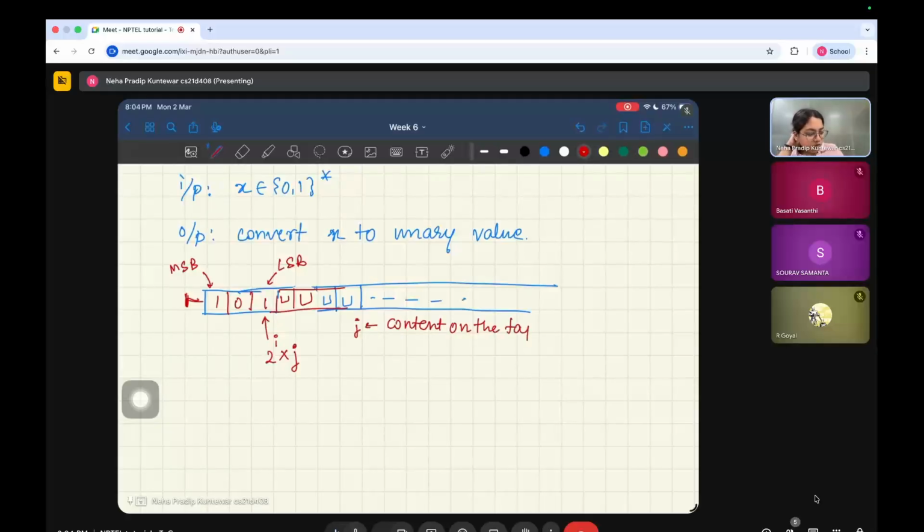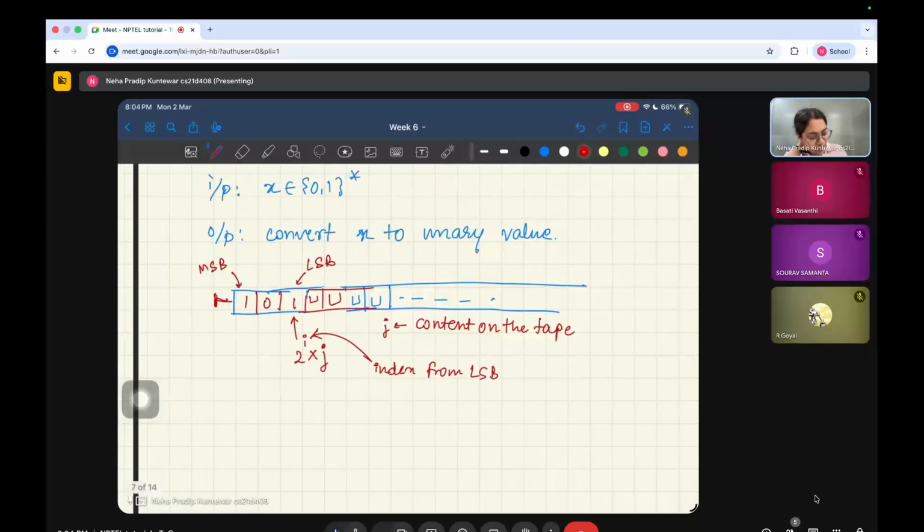It could be a 1 or it could be a 0, and i is the index from LSB, and i starts from 0. So what you really want to do is keep going to the right until you see a blank symbol. When you see a blank symbol, you go to the left.